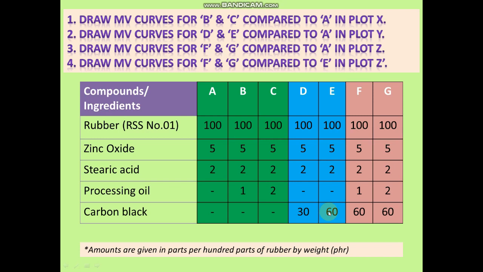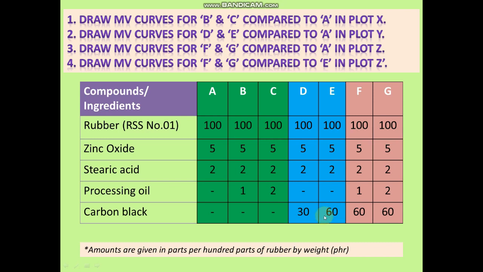So in other words, fillers like carbon black can increase the viscosity. So we have to keep in mind, once particulate materials like fillers are added to rubber compounds, they can increase the viscosity of the compounds.